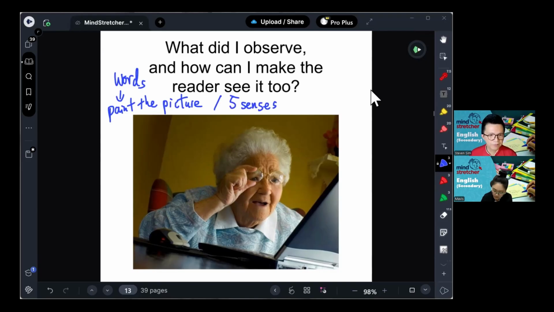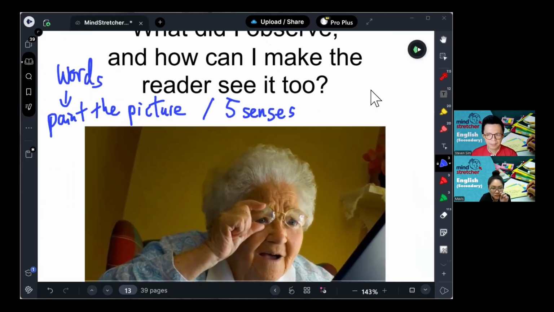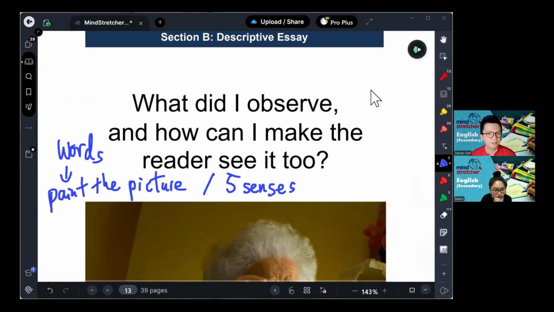So this particular type of essay question is not easy. It's more difficult than the narrative or the personal recount, right? I'm sure you agree. There are some people who can do this well, if you have a strong inner life, a strong imagination. This is the boy who's always daydreaming, half smiling in class, and suddenly he writes well because he's imagining something very vividly.